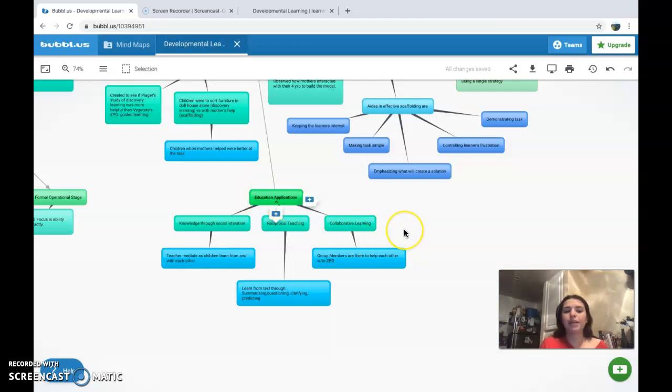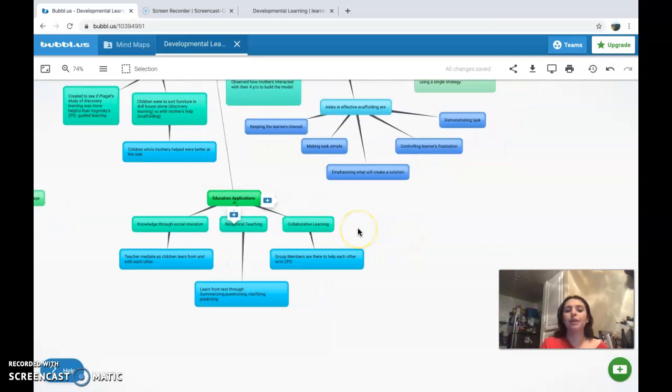And the last educational application is collaborative learning. So group members are there to help each other within their zone of proximal development, meaning students who are a little bit higher performing or who have more knowledge of the topic can help group members who have a little bit less understanding of the topic.